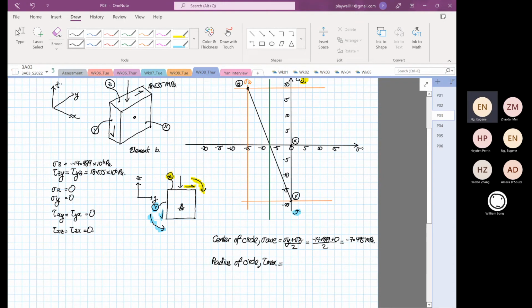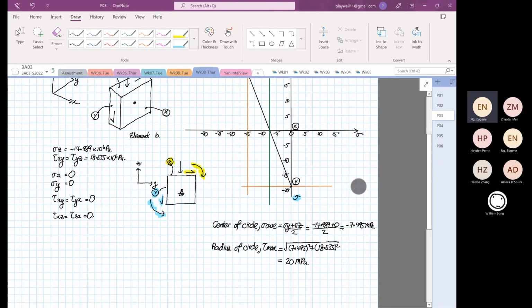So this will be equal to the square root of 7.495 squared plus 18.535 squared, which is equal to 20. Actually, it's 19.993, but I'm going to call it 20 megapascal.